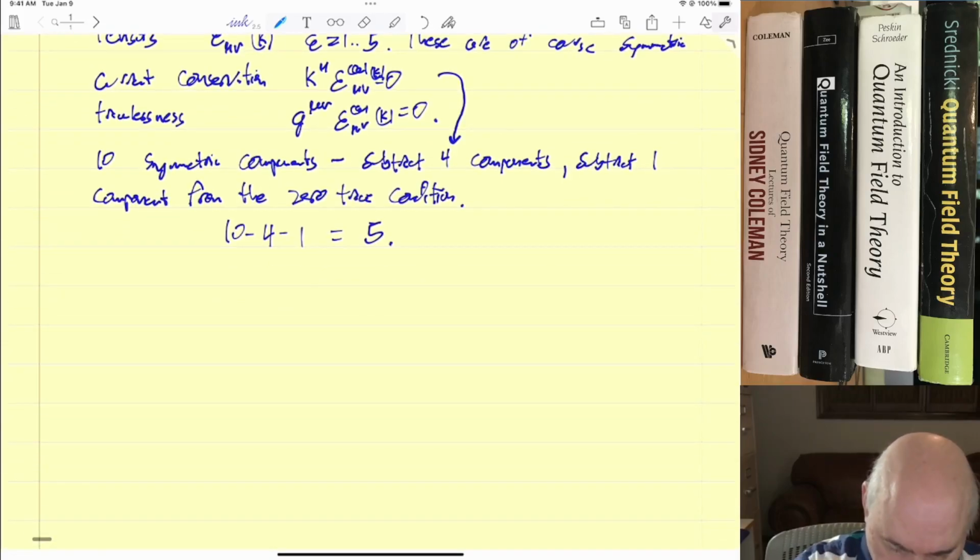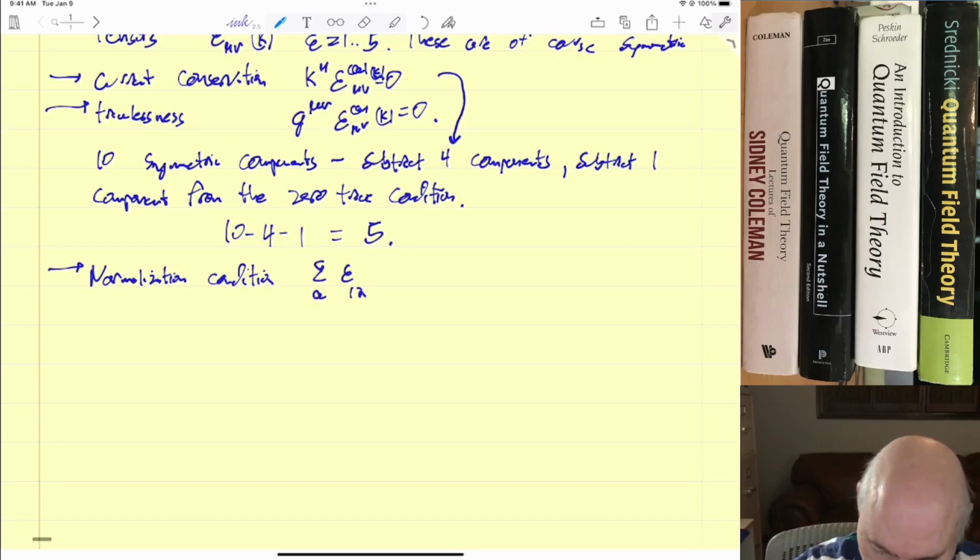Now we'll also have a normalization condition. So this is one condition, two condition, three condition. There are different ways you can do this. It doesn't really matter.